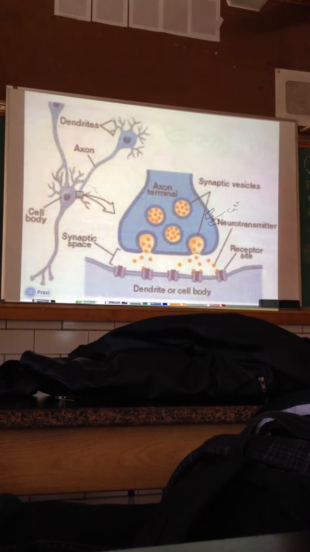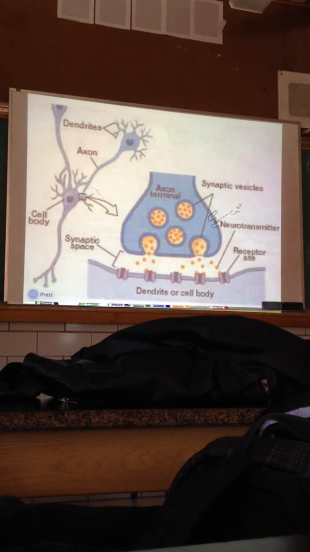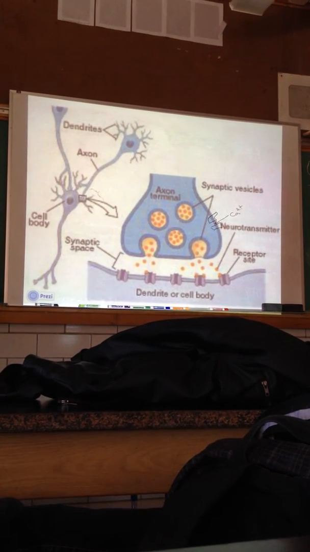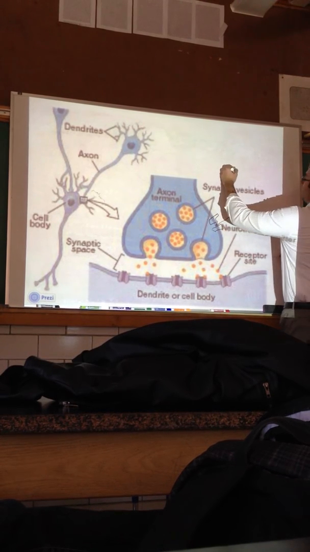There are inhibitory neurotransmitters. One example of this would be, so let me write up acetylcholine as an excitatory.